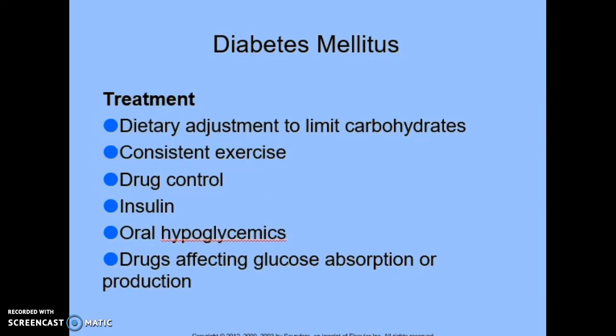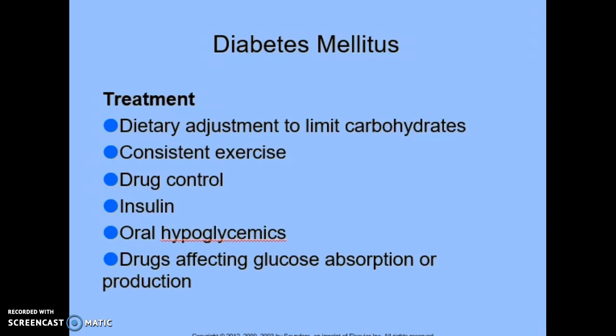So let's talk a little bit about treatment. Dietary adjustments to limit carbohydrates, consistent exercise, drug control: insulin, oral hypoglycemics, and drugs affecting glucose absorption or production, depending on what's prescribed. This is really important in terms of patient education because it makes it more difficult.